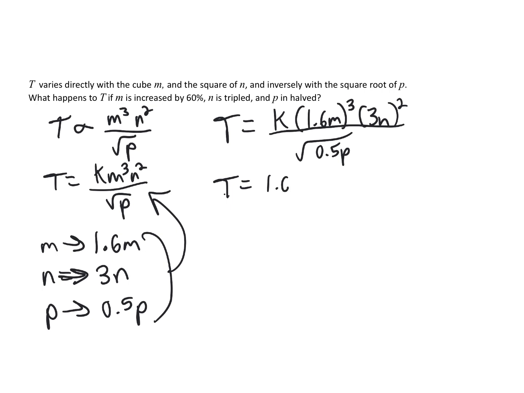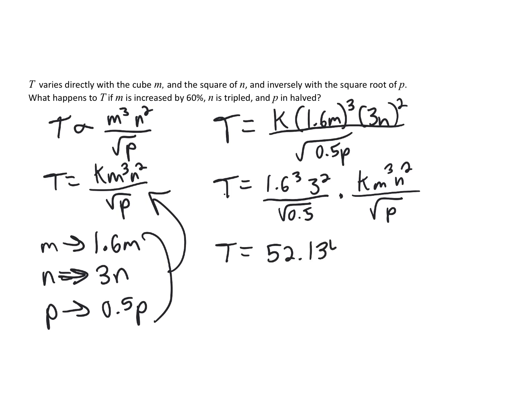So we get 1.6 cubed times 3 squared over root 0.5 times km cubed n squared over root p. And that's just using properties in algebra that we already know. We can calculate out that factor out front, which gives us 52.134 km cubed n squared over root p.